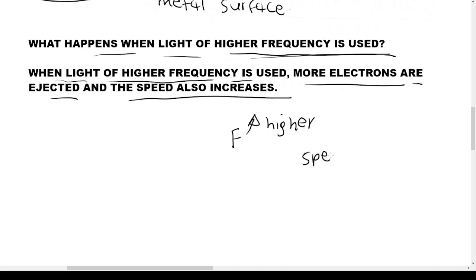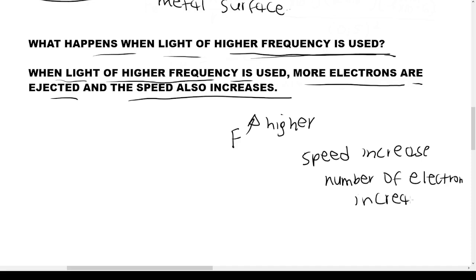So speed will increase, and also the number of electrons will increase. It means that frequency is the only thing that affects both speed and number of electrons ejected.